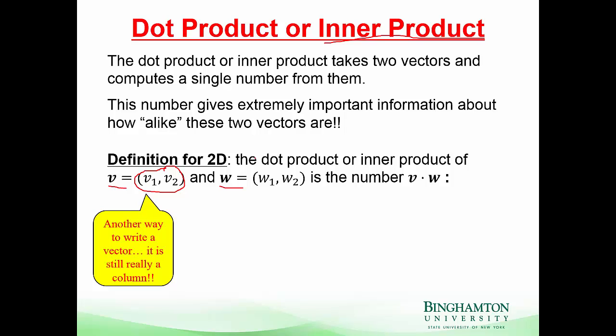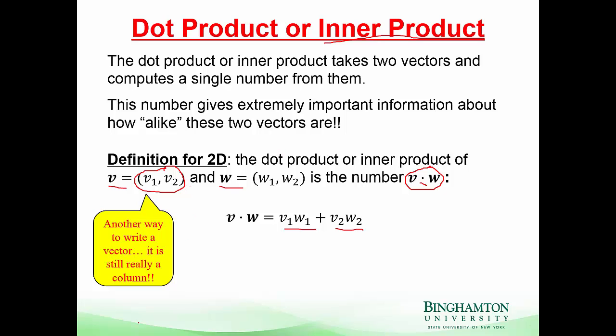two-dimensional column vectors, and this book likes to use the dot here to represent inner product, and I actually prefer a different symbol that we'll see in just a little bit. So we define the inner product as: you multiply the two first elements together, you multiply the two second elements together, and add them up.